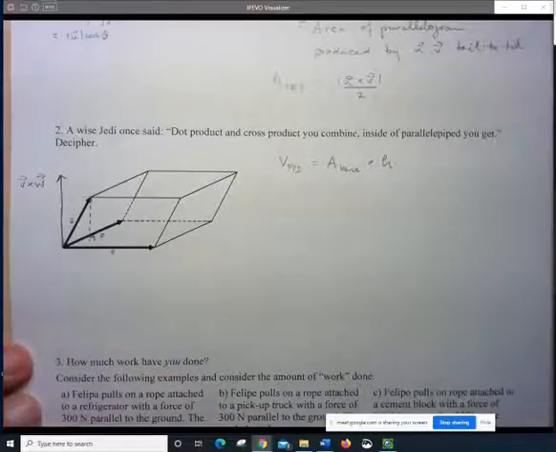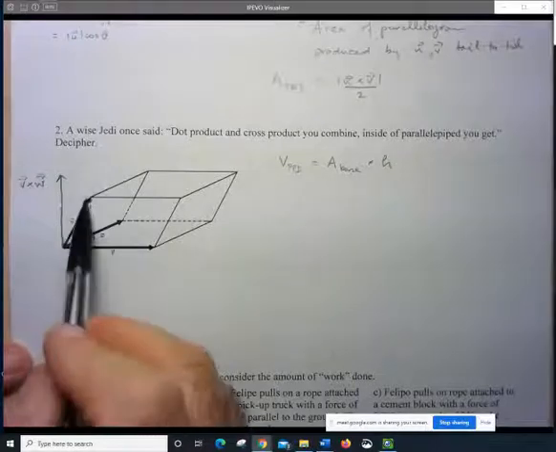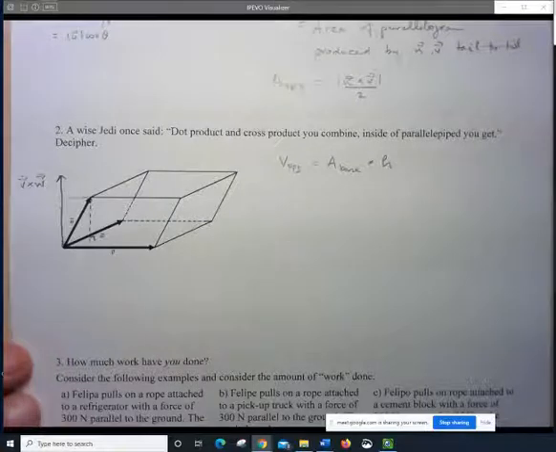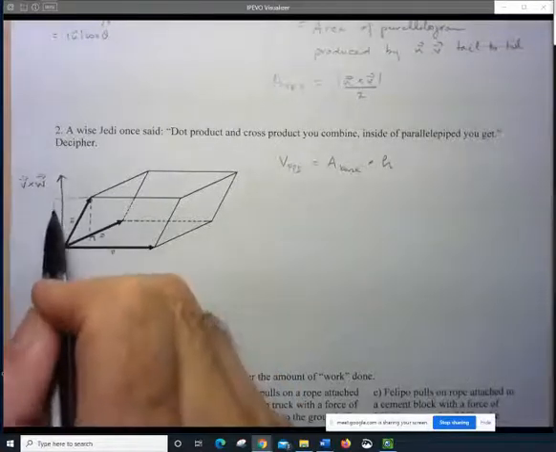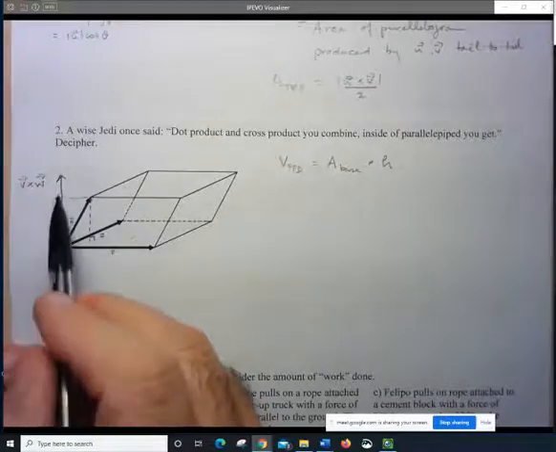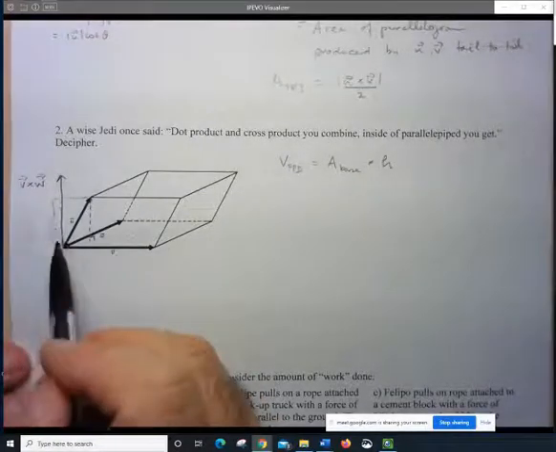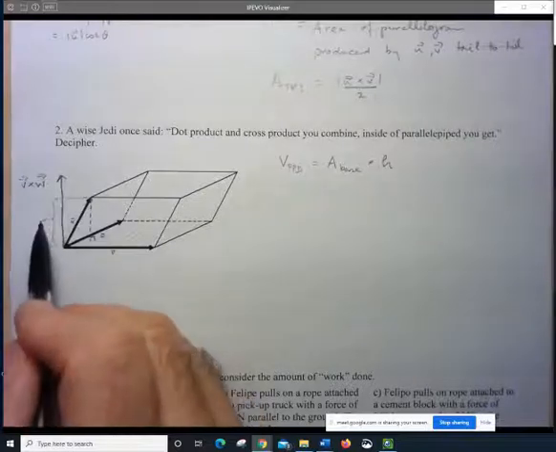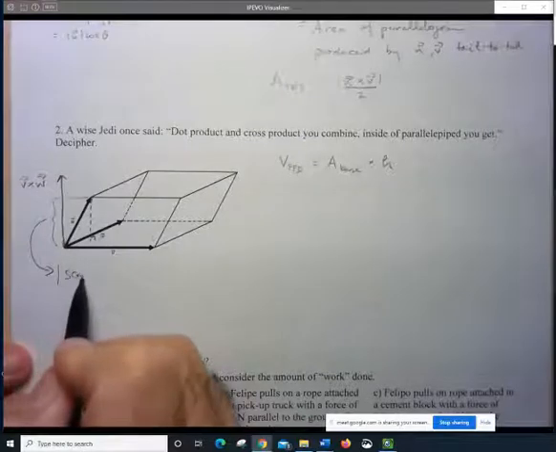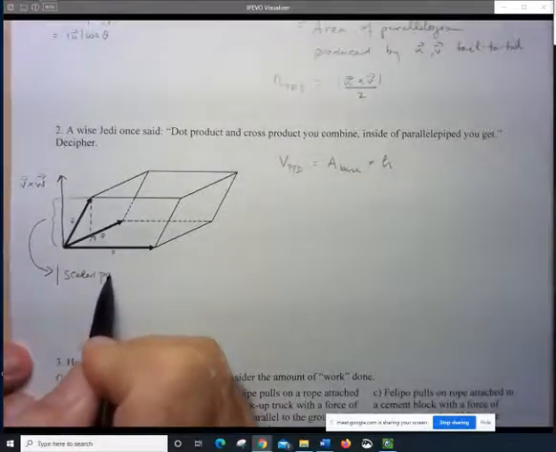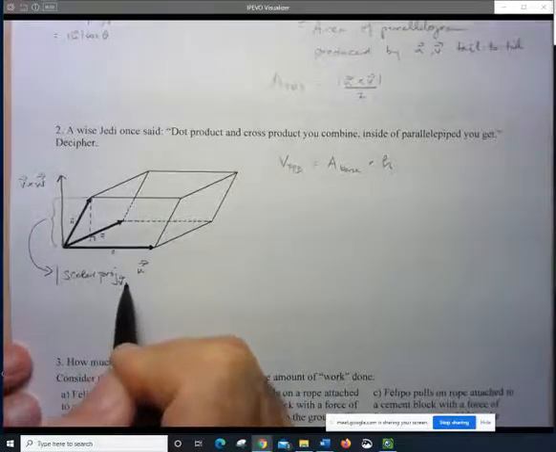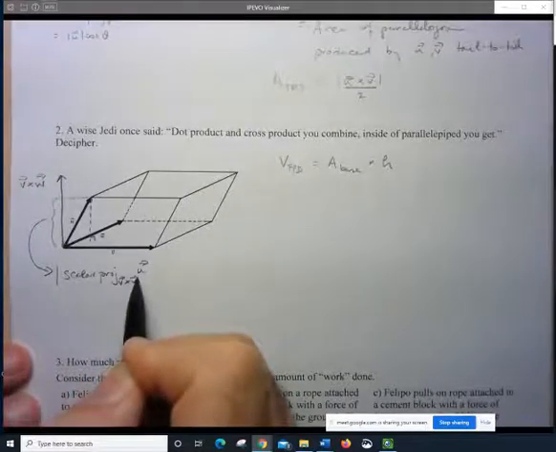So now we're going to project the vector u onto the vector v cross w. If I want to guarantee that this represents a length, because I want it to represent some positive value, this here is just represented by the absolute value of the scalar projection of u onto the vector v cross w.